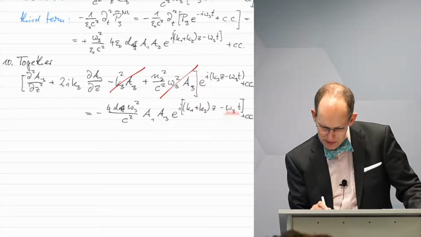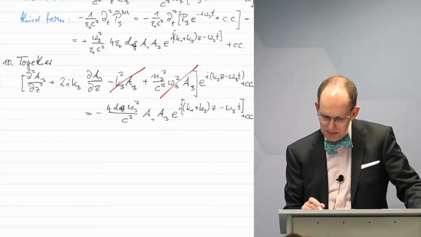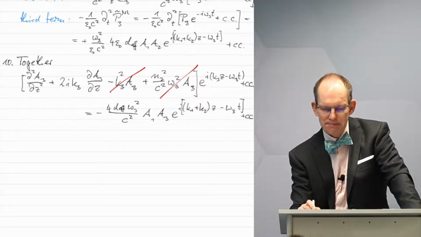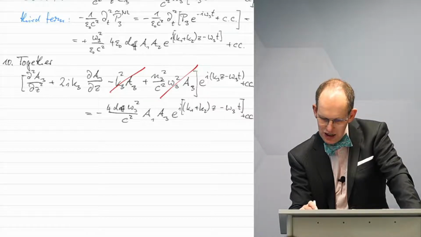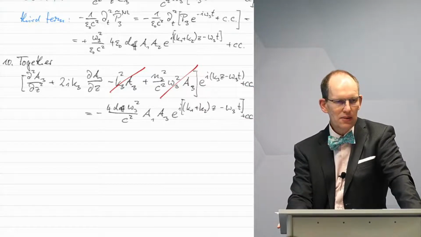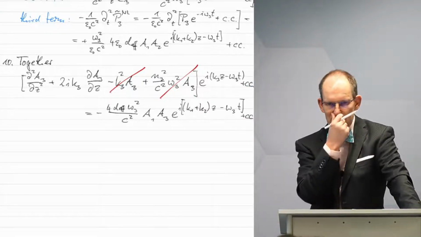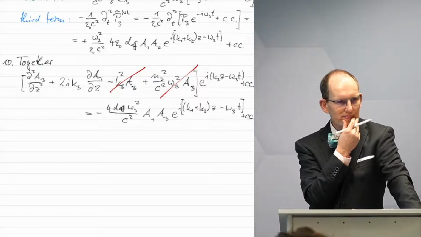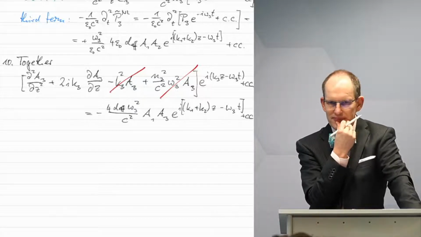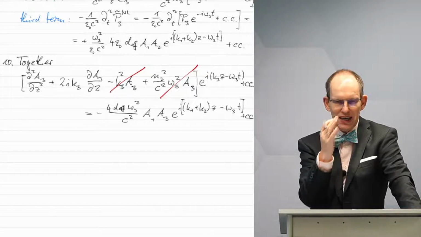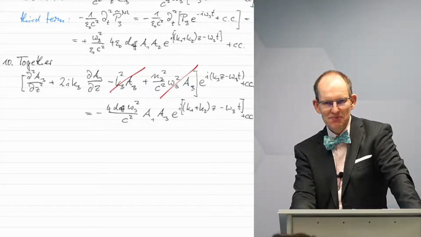Which seems to be here and here. But there's one thing that is not so nice. You can't just drop it because there's also the complex conjugate. What can we do? Why can't we drop the complex conjugate?